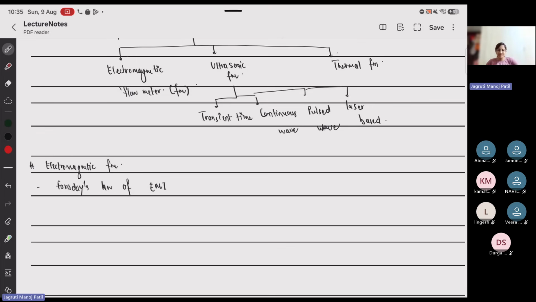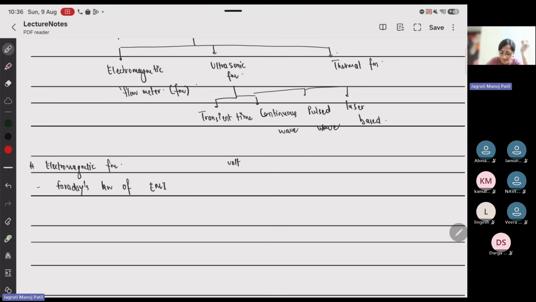We have studied this multiple times, and everything leads to one quantity, which is then converted and saved and then further processed. What is that quantity? Okay, that's voltage.